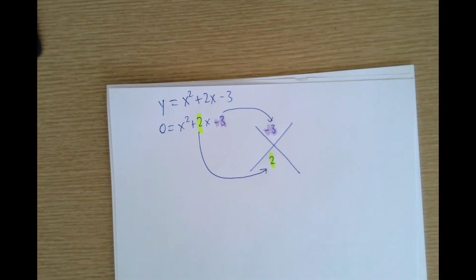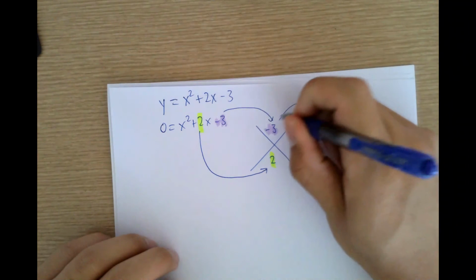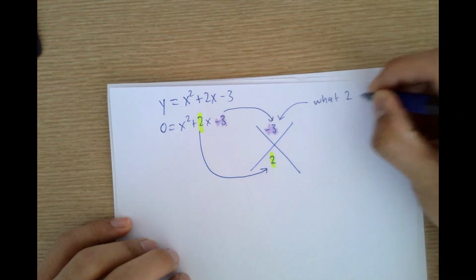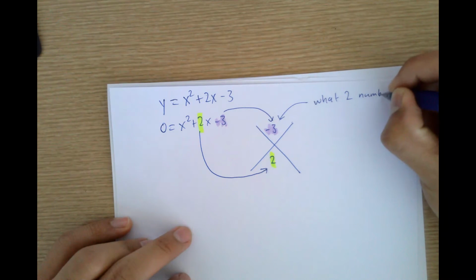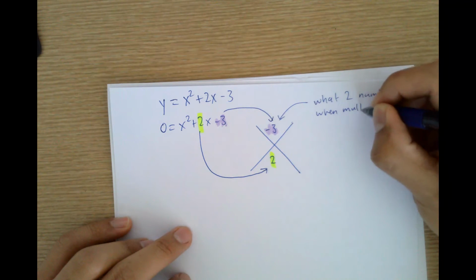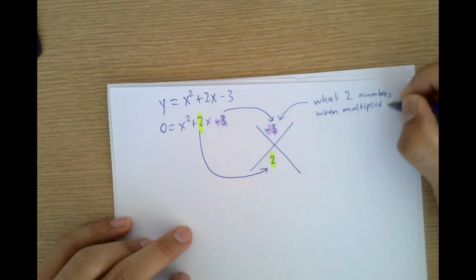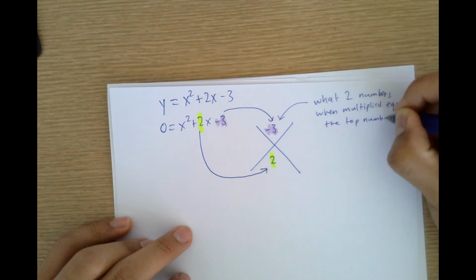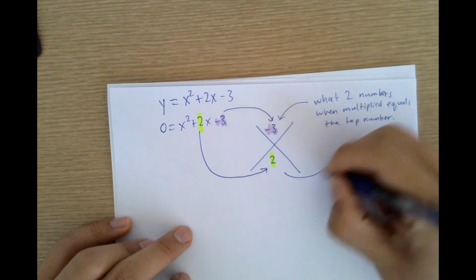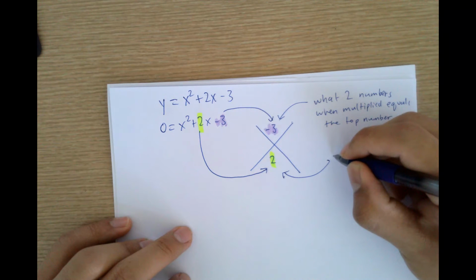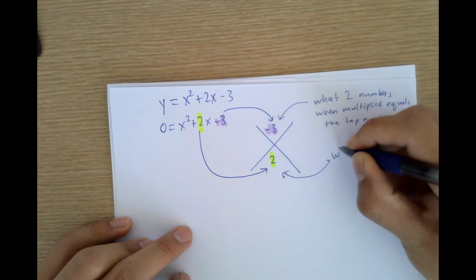So for the top number, we want to see what two numbers, when multiplied, equal the top number. And we want to see what same two numbers, when added together, equal the bottom number.